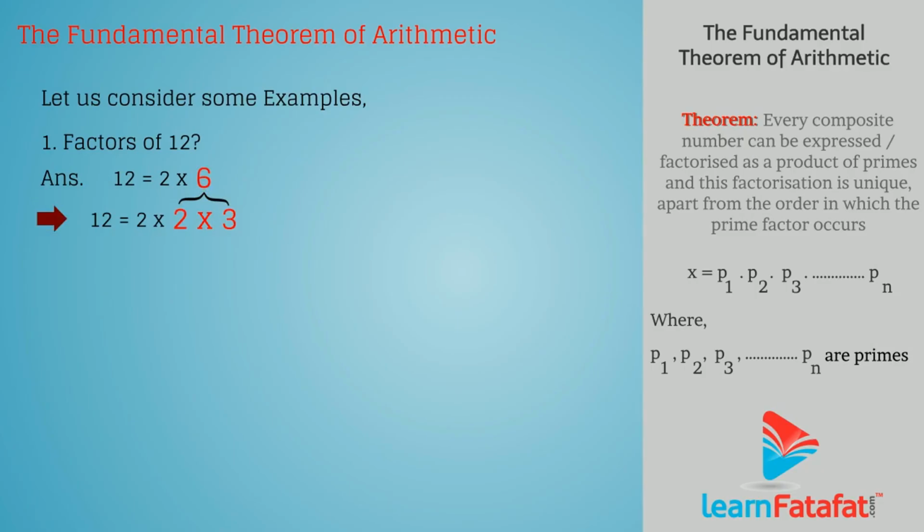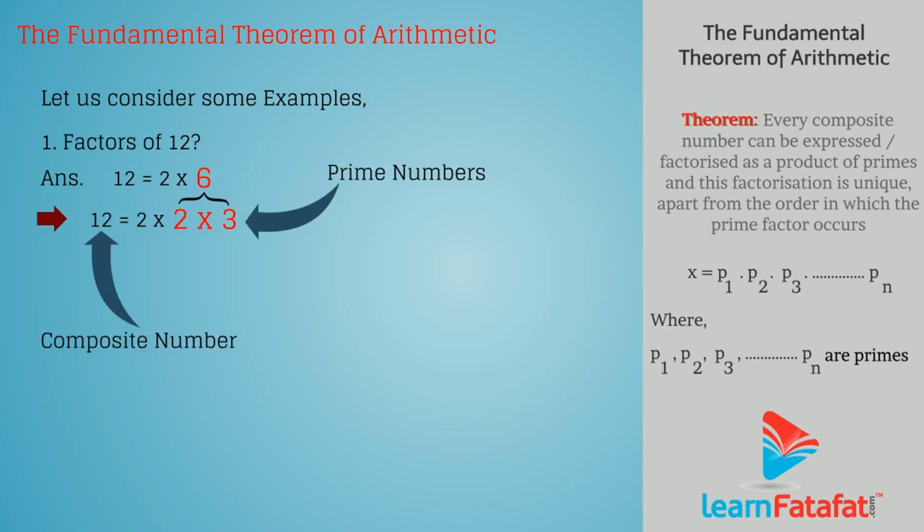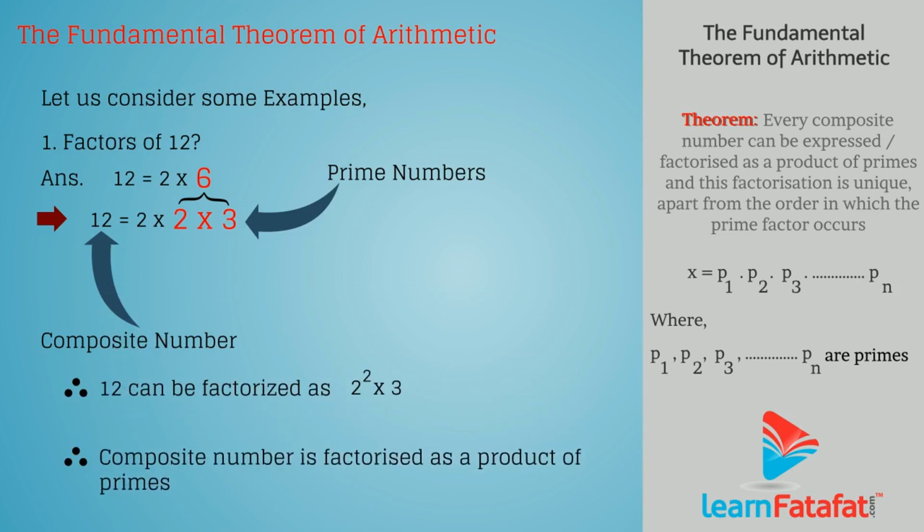That is, 12 is equal to 2 into 2 into 3, where 2 and 3 are prime numbers and 12 is a composite number. Therefore, 12 can be factorized as 2 square into 3. Hence, we can say that a composite number is factorized as a product of primes.